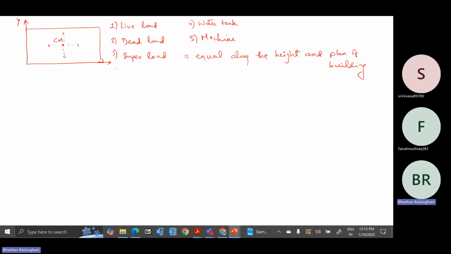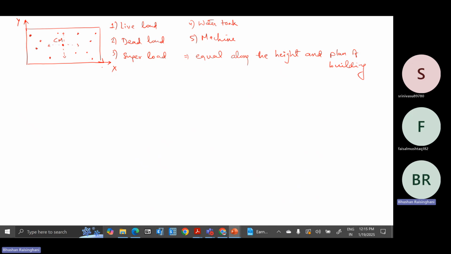So if this is y and this is x, what is the distance of this particular mass point? There is some, let's say, mass m1, a mass m2, mass m3, mass m4. That way, distributed masses are there across the building.